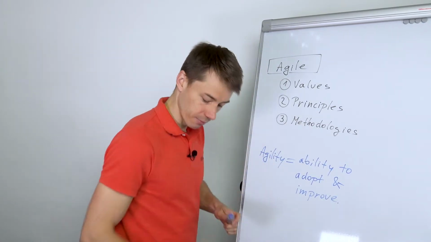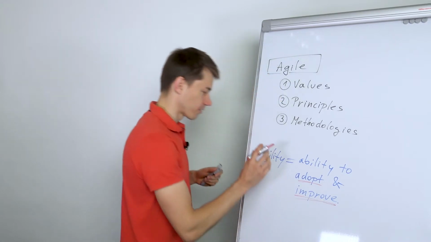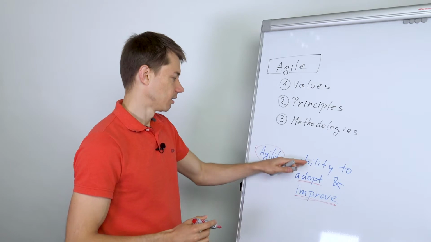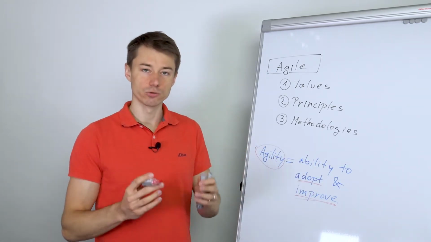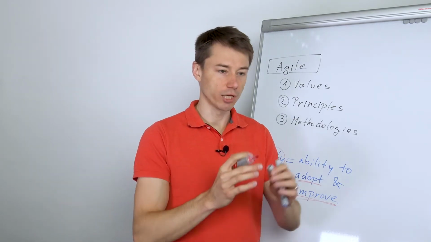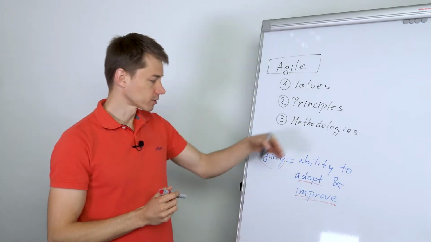It's the ability to adapt and improve. This is a very short definition of agility. So being agile means to be able to adapt to change, adapt to changing requirements, adapt to changing users' needs, and improve constantly.